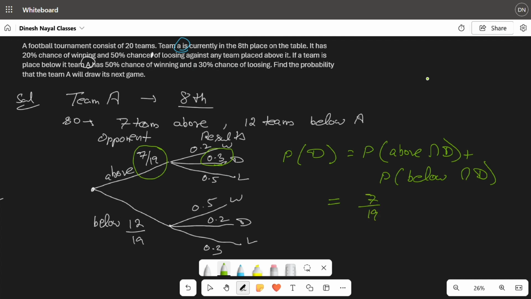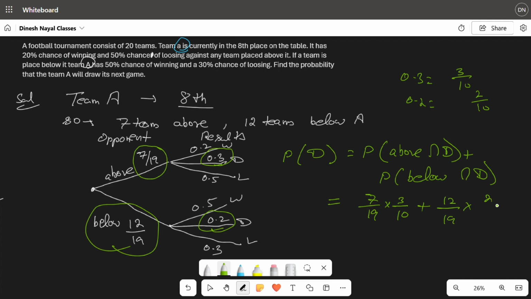We can write 0.3 as 3 by 10 for simplification, so 7 by 19 into 3 by 10, plus below and draw. Below is 12 by 19, times draw, which is 0.2. Again 0.2 can be written as 2 by 10.